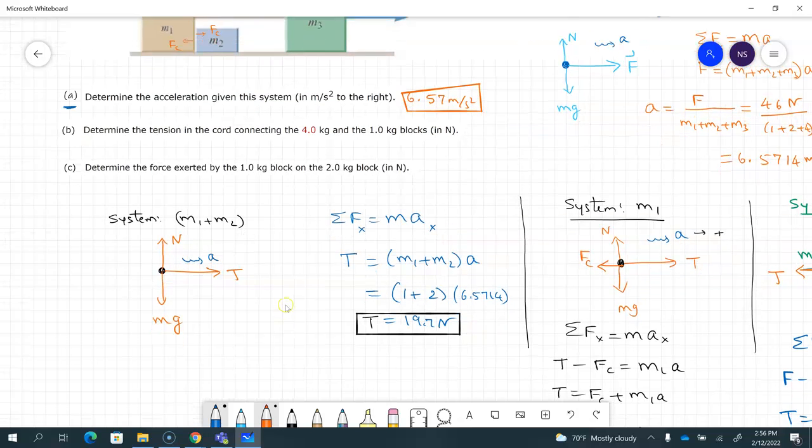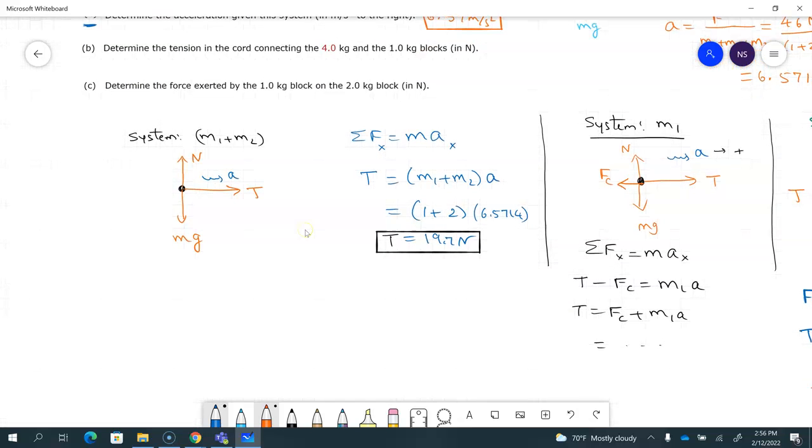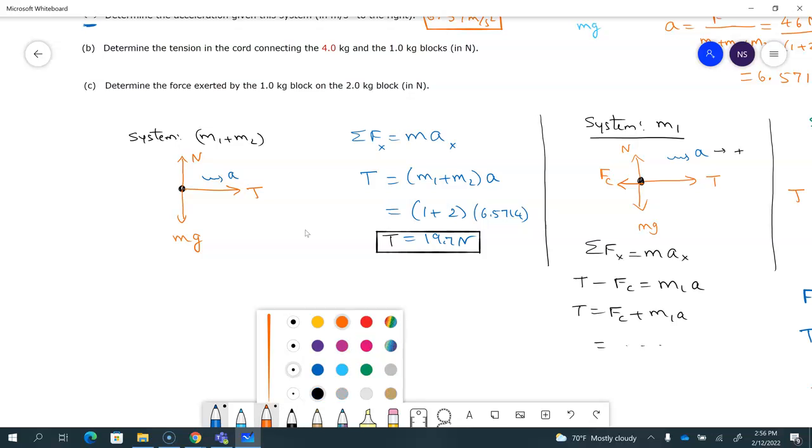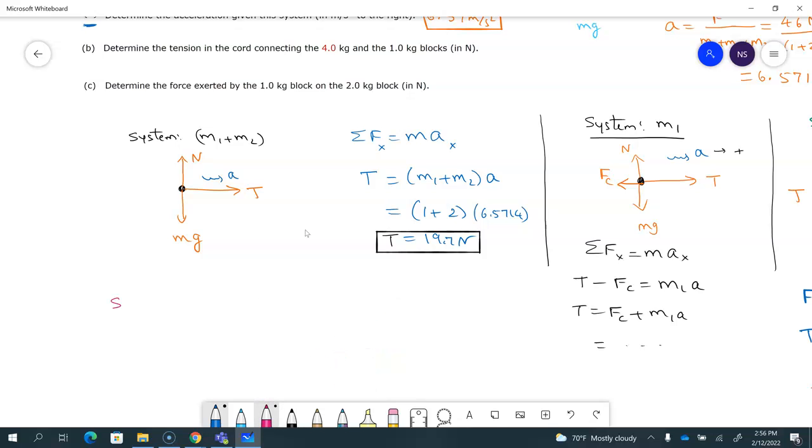So if my system is M2, then it's the contact force from M1 that's pushing it to the right, and of course there is the weight and the normal force. I'm not being too careful with these because acceleration is 0 in the y direction, so I'm only looking at the x forces since there is no friction here, right?